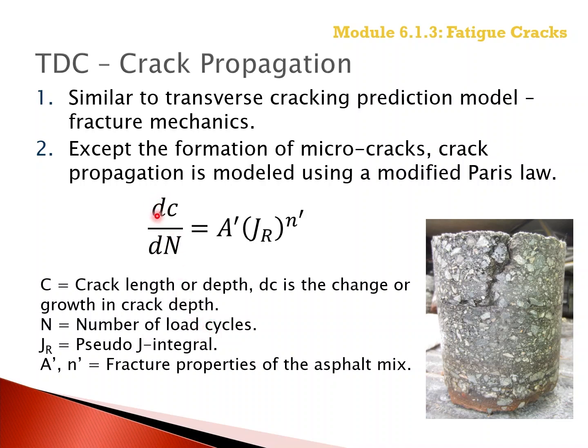So DC divided by dN defines the rate of how that top-down crack initiation will propagate through the wearing surface and through the lower layers of the asphalt based on the properties of the wearing surface.